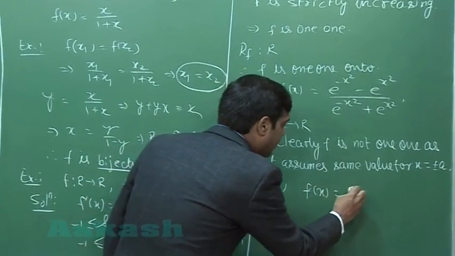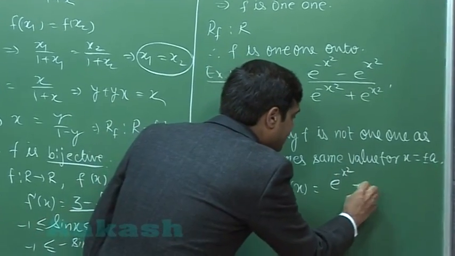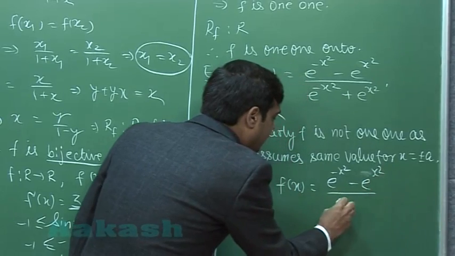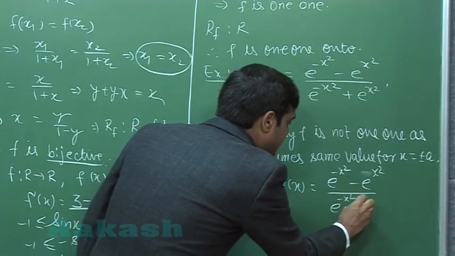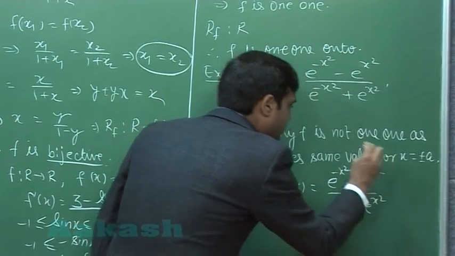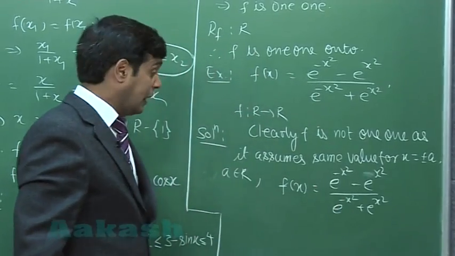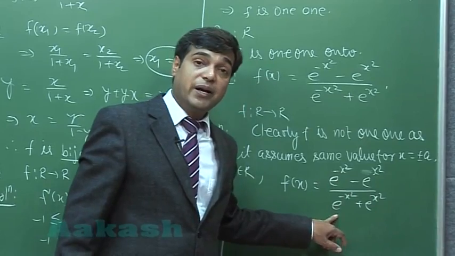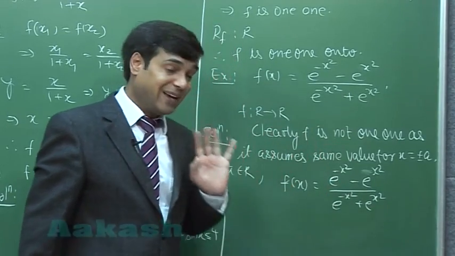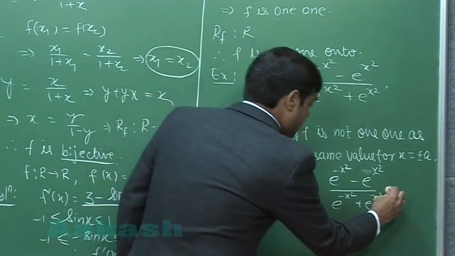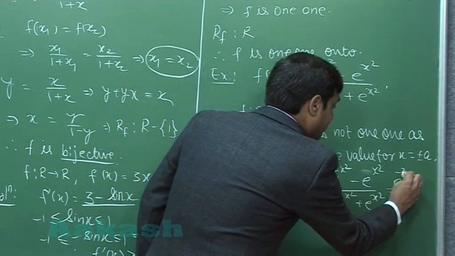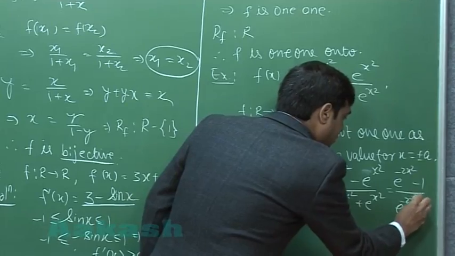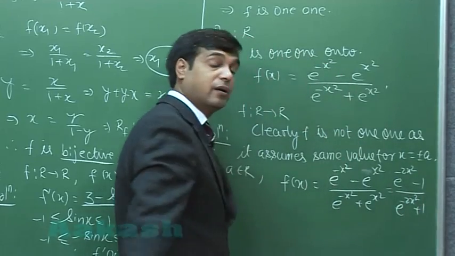f(x) is given to me as (e to the power minus x square minus e to the power x square) divided by (e to the power minus x square plus e to the power x square). Now, if I divide numerator and denominator by e raised to the power x square, I see it as this one.